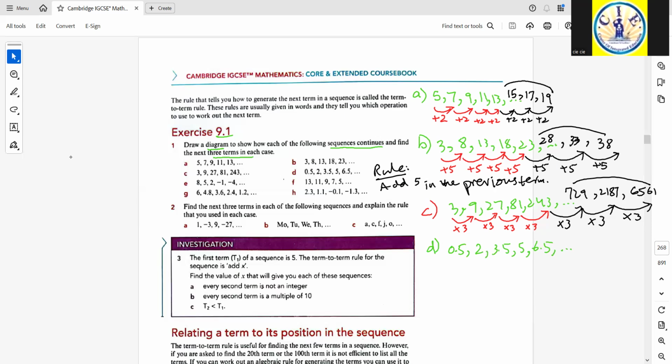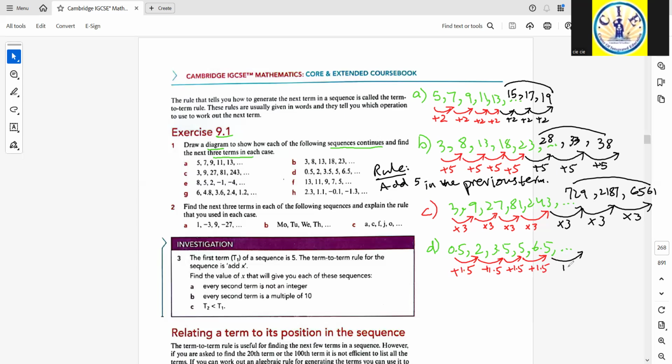Okay, we can see that if you add 1.5 to 0.5, you can get 2. Same pattern goes for the next term to obtain, and then the next term, and then the next term. So our term to term rule is to add 1.5 to the previous term.